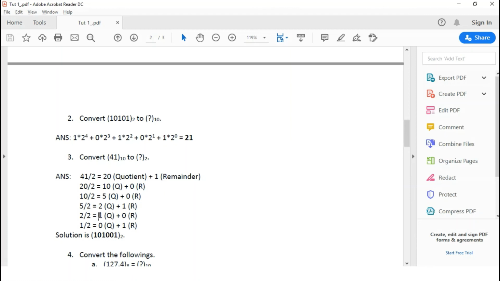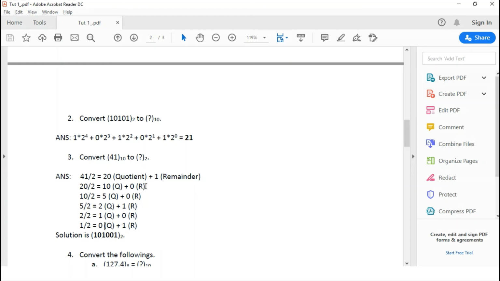As you can see, the quotient is still not 0, the number is 1 over here, so we divide that 1 by 2. Now in this case the quotient will be 0 and the number itself will remain as the output, the remainder. So now we have the quotient 0 and we need to stop this process of division.